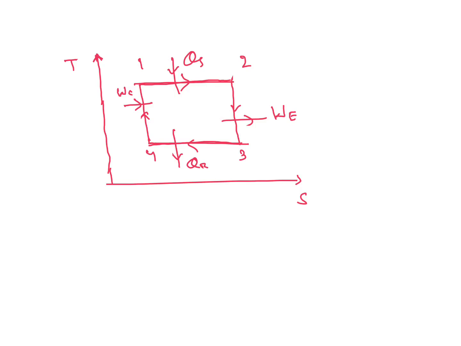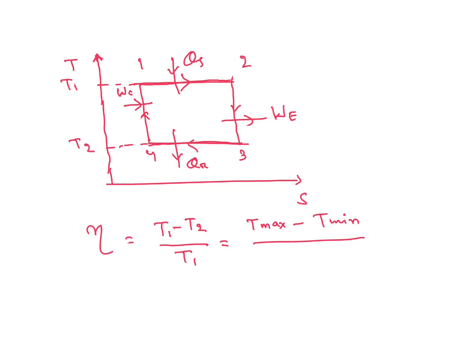Then efficiency is work done by heat supplied, T1 minus T2 by T1, or you can write T maximum minus T minimum divided by T maximum.